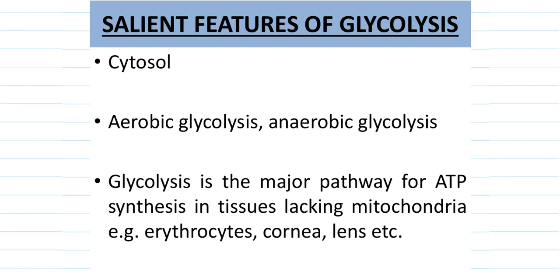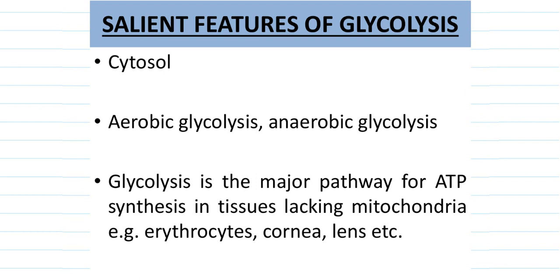Only 4 ATP will be produced, and 2 of the ATP will be utilized to pay back the 2 ATP that were consumed in the initial stage of glycolysis. So it will only have 2 ATP during anaerobic glycolysis, because NADH is unable to enter the electron transport chain as there is no oxygen.